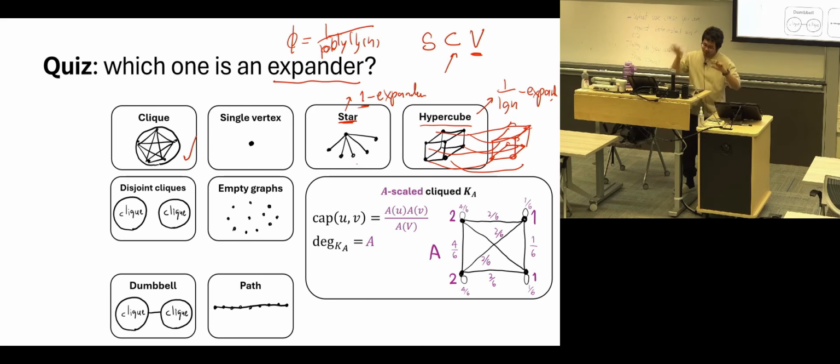Look at each connected component, and each of them is an expander. Then we say that the whole thing is an expander. Empty graph. This is another stupid case, but we define it to be an expander because each component is just a single vertex, and a single vertex is an expander here.